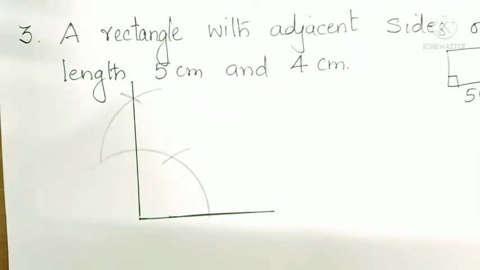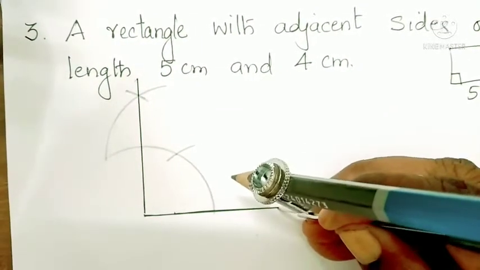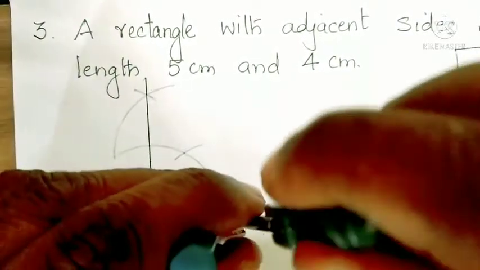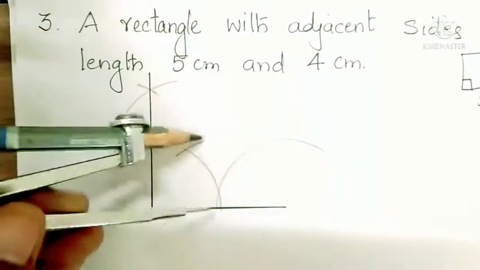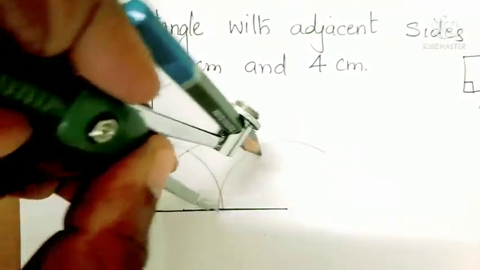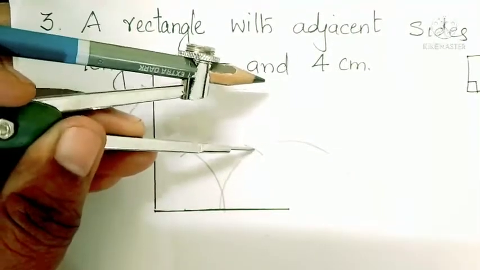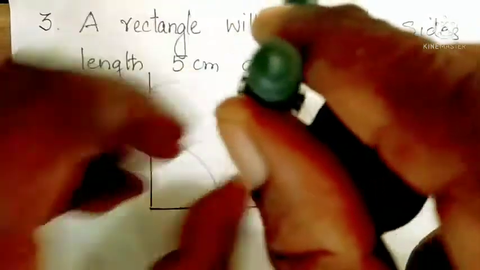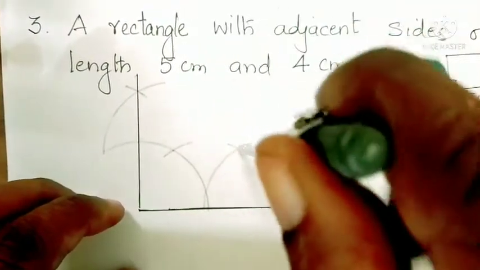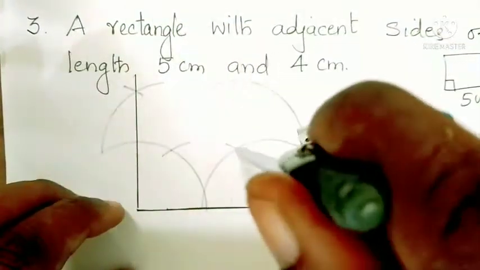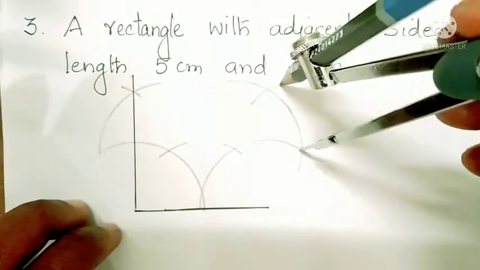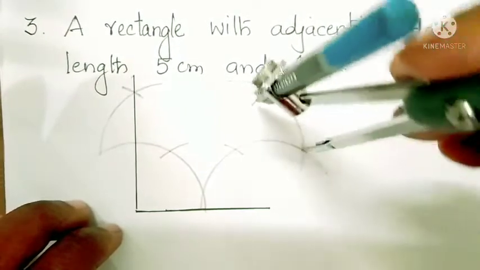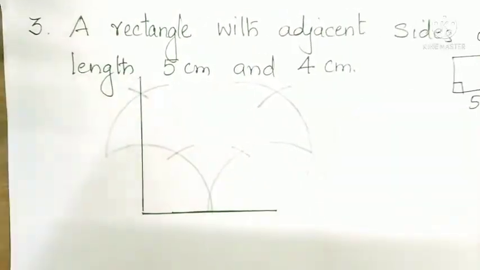Now same thing to repeat here. Take any distance, first arc, then from that point of intersection, second arc, from that point of intersection, third arc to be drawn longer, and wherever they intersected, to draw the fourth arc.